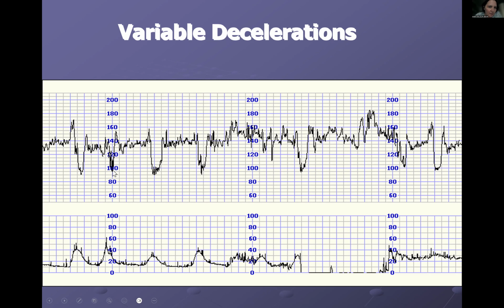Same here. This one is slightly late, but more or less once the contraction is over, it goes up again. Same here, a little bit more prolonged. Same here. These look more early and they have the M, right? And same here. Okay.